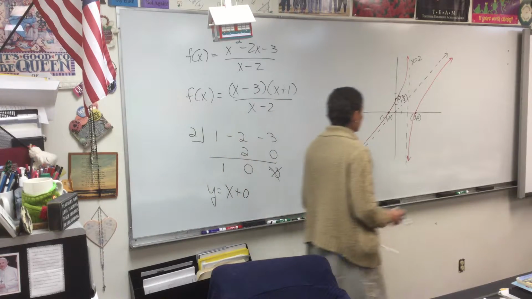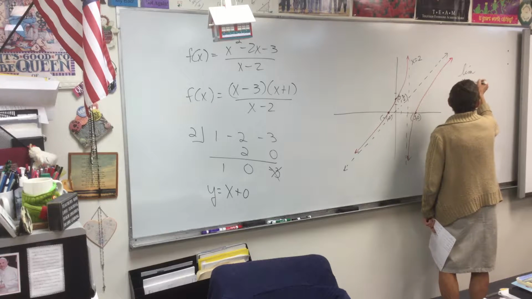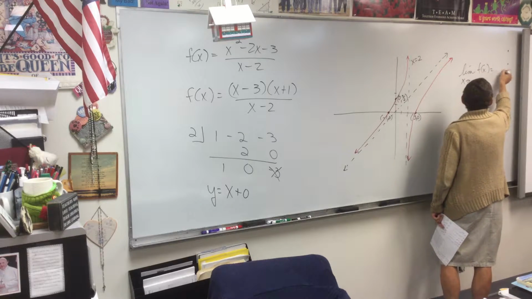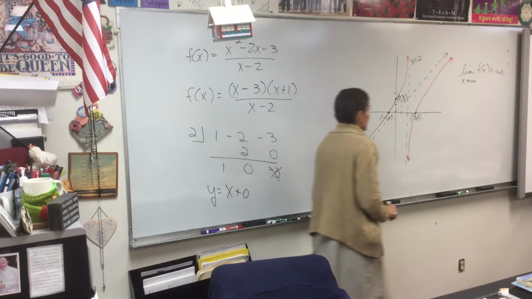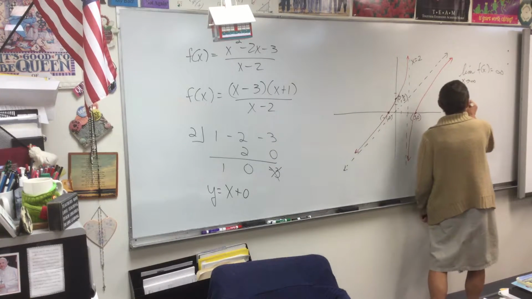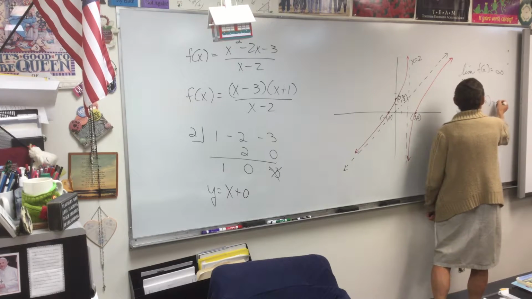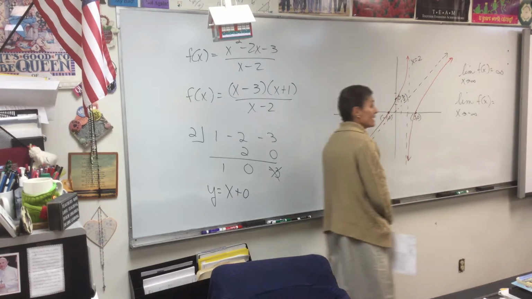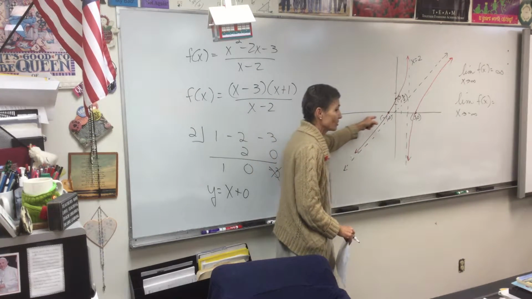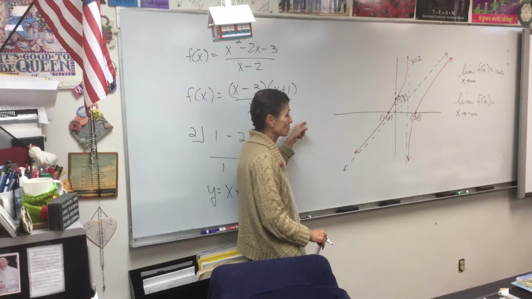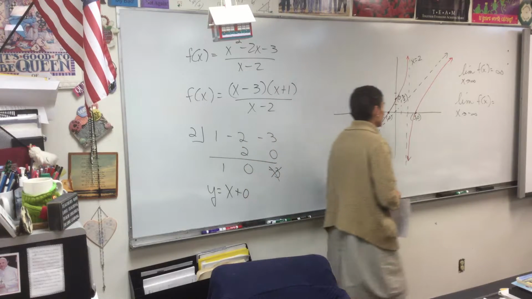So the limit as x approaches infinity of this function is infinity. It just keeps going up and up and up. Now 9 is the same question, only it says what happens when you go the other way? What happens as x approaches negative infinity? Well, what's happening to the red curve as we go this way? It's going down.